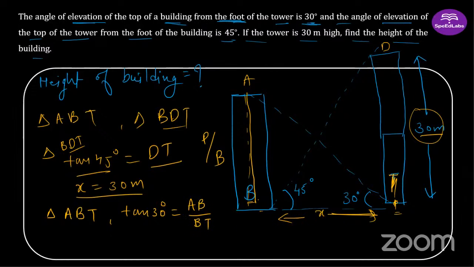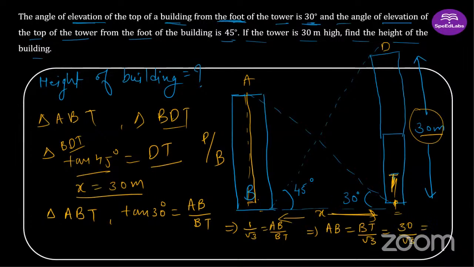Now I know the value of BT, but I need to find the value of AB. So 1 by root 3 is equal to AB upon BT, which is 30. This gives me AB is equal to BT upon root 3. On substituting, I get 30 by root 3.